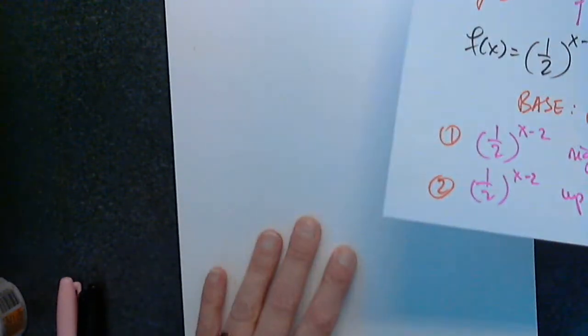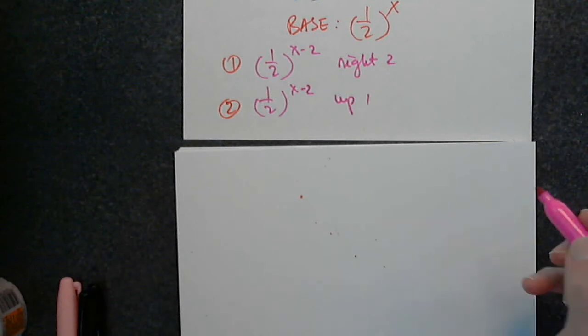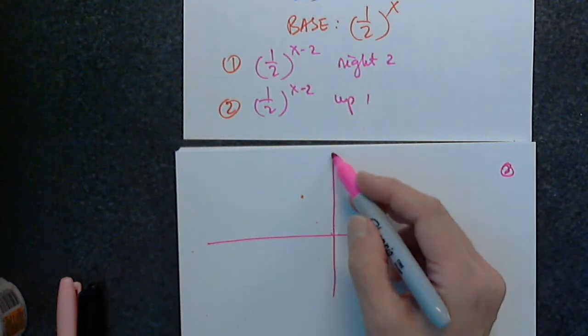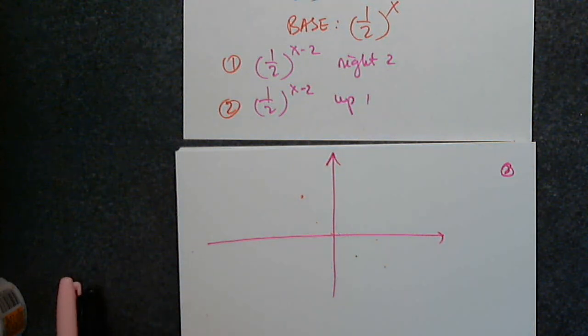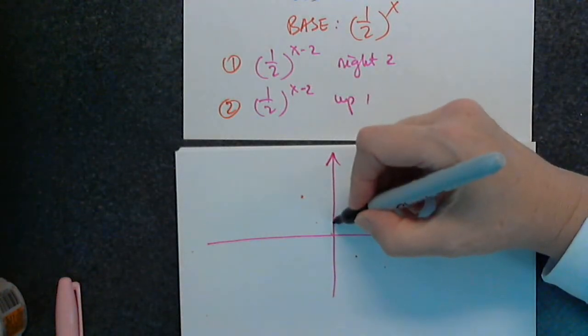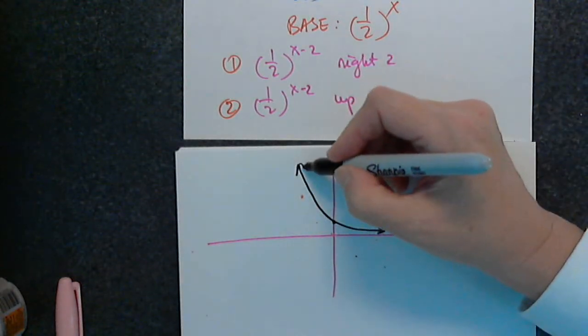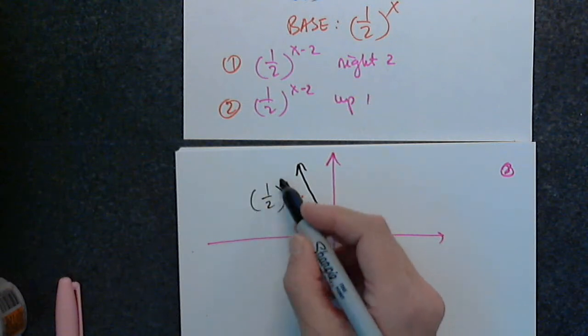Okay. Yes. So we graph 1/2 to the x. Is it increasing on all its domain or decreasing on all its domain? Decreasing because the base is less than 1 and always crossing at 0, 1. So this is the graph of 1/2 to the x.